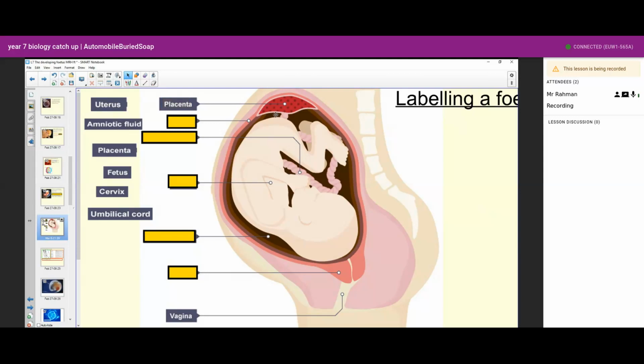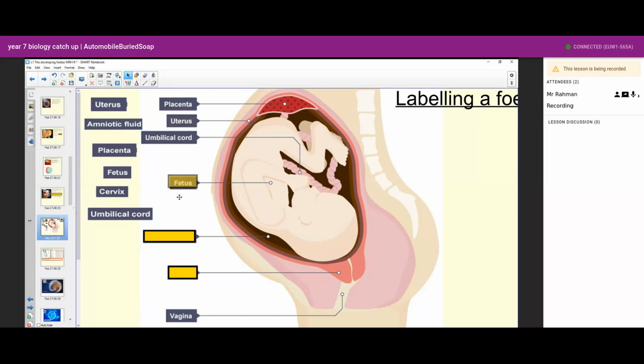That's where the food and nutrients transfer from the mother into the baby. The cord that's attached to the placenta is the umbilical cord that feeds the food and nutrients into the embryo. And this label here is the mother's uterus, the lining of the mother's uterus where the embryo rests.